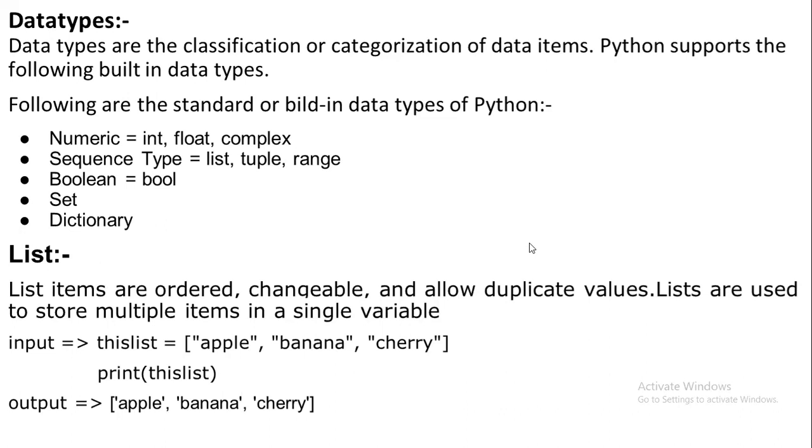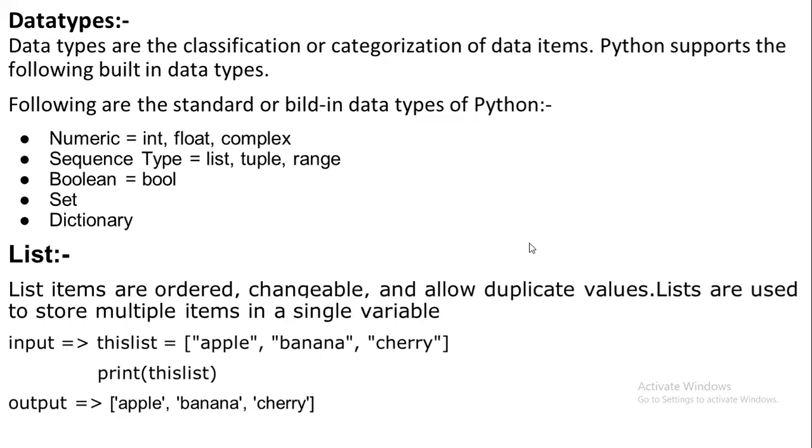So one of them is list. What do you mean by list? List means multiple values can be stored here. I will guide you in brief and teach in a manner so that you can understand.